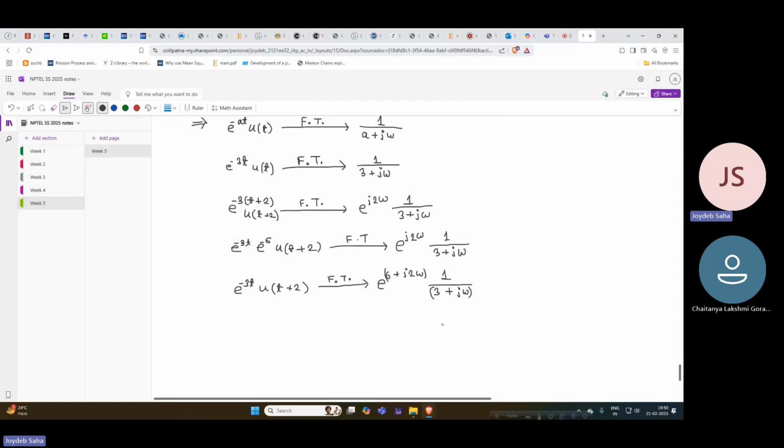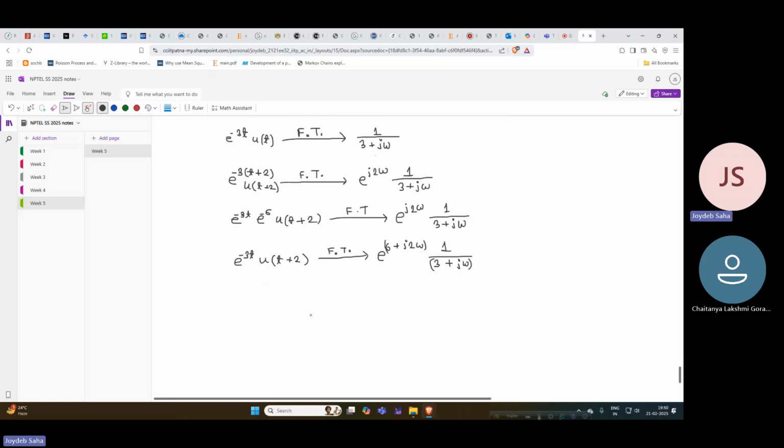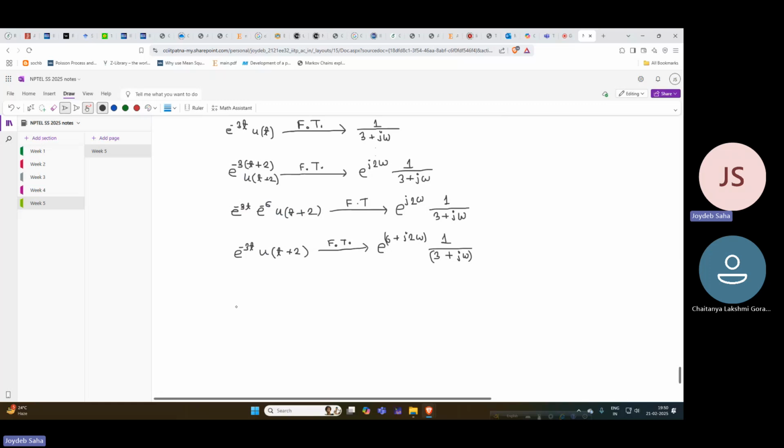Now we will use the time reversal property. Then we will get e to the power 3t u of minus t plus 2, its Fourier transform will be e to the power 6 minus j2 omega times 1 upon 3 minus j omega.